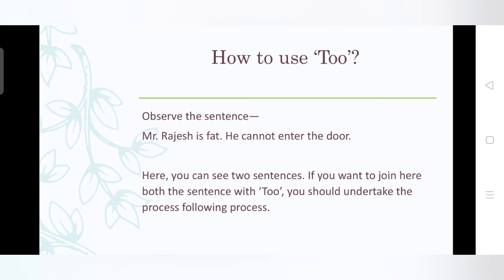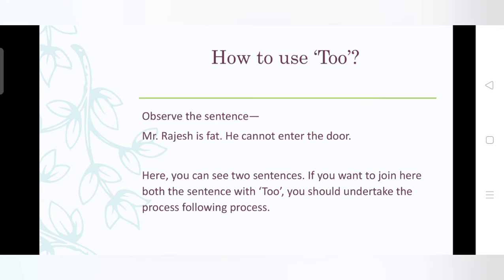Now here you can see two sentences. If you want to join both the sentences with the word to, you should undertake the process which is given here. Which process you should undertake?